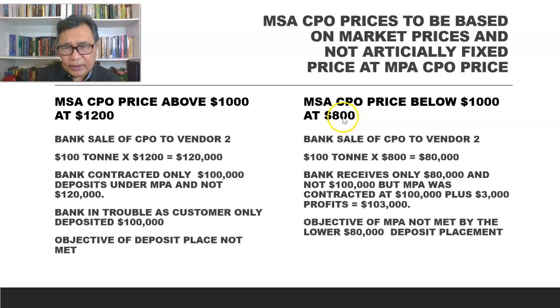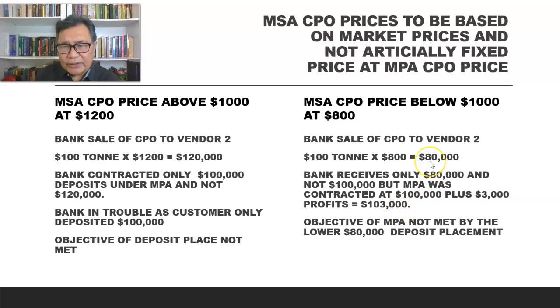When that is true, we can see that the bank will sell the CPO to vendor 2 at $800 per ton, and the proceeds of the sale is 80,000. But that is not enough because the placement should be $100,000 that was verified in the MPA agreement earlier. So the bank received 80,000 and not 100,000, but the MPA was earlier contracted at $100,000 plus the $3,000 profit margin, giving us a total redemption amount of 103,000.